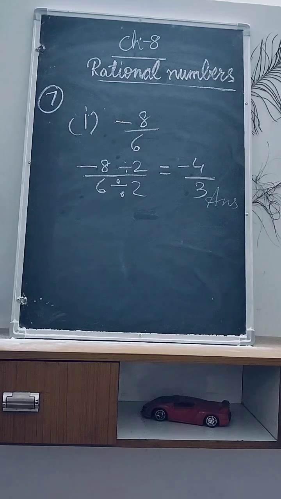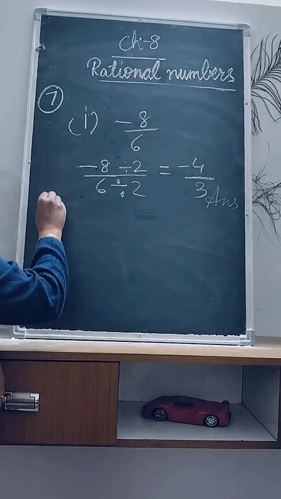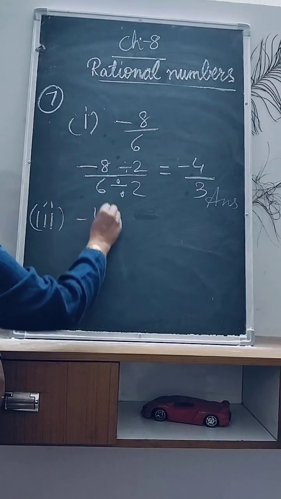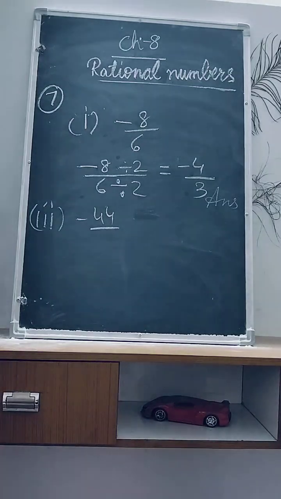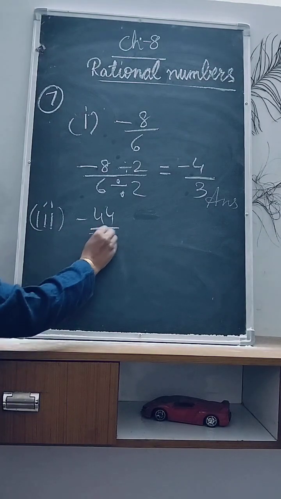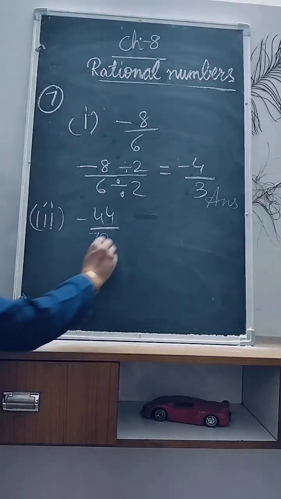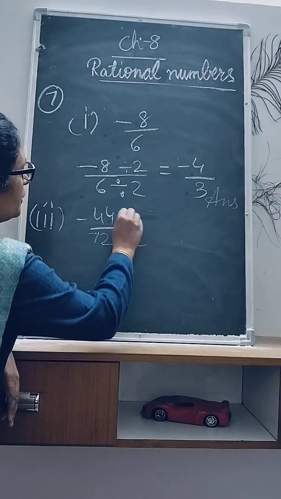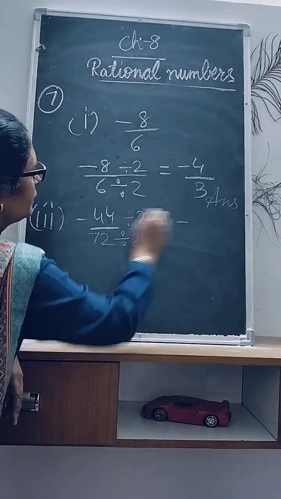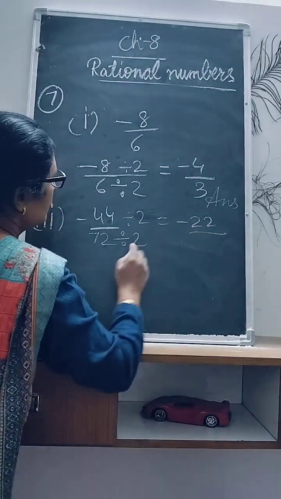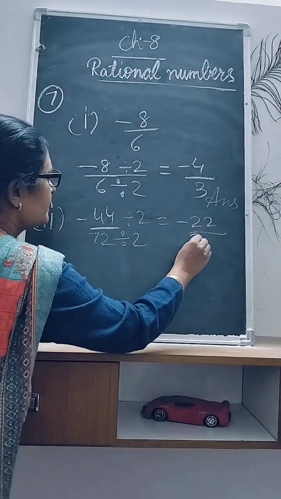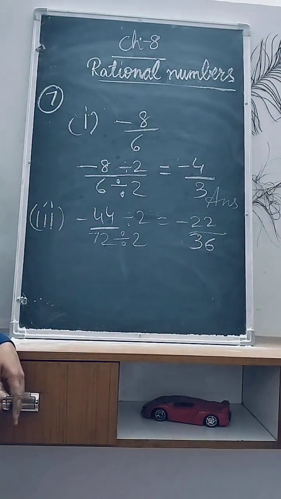Now one more part, third part. Minus 44 upon 72. Now if you see, these are even numbers, so it will be divisible by 2. You can divide with 2. What you get? 2 2s are 4, 22 upon 2 3s are 6, 2 6s are 12.